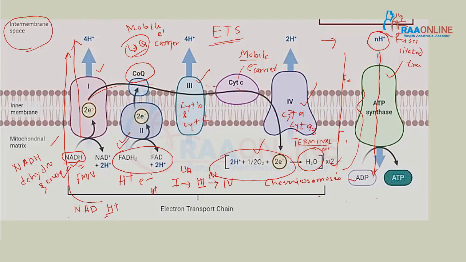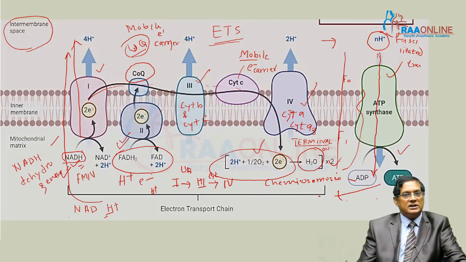That energy is utilized in the formation of ATP. So these ATPs are formed here by the oxidative phosphorylation process. Each NADH2 gives 3 ATP, whereas FADH2 produces 2 ATP.